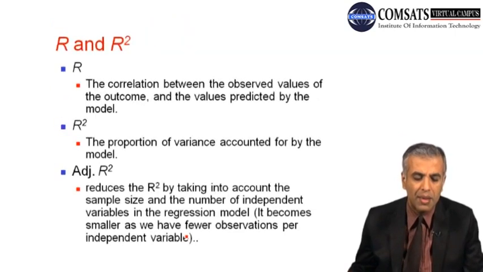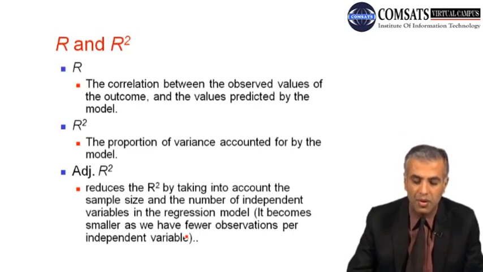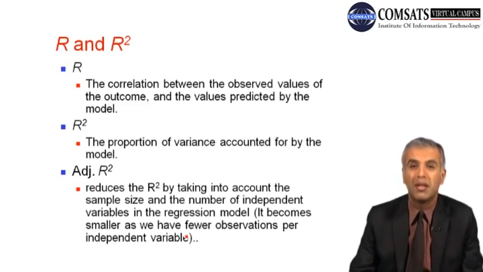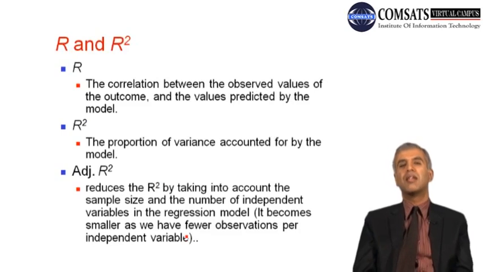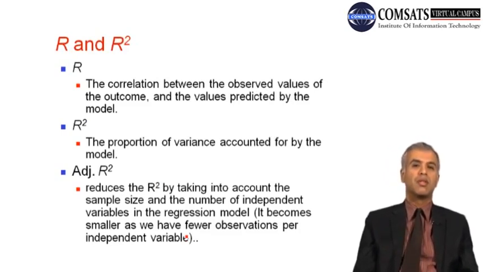While keeping in view the problems there, we discussed the concepts of R and R square, and we came to know that the concepts are about the same in multiple regression as well. We know that R is the correlation, and R square gives us the proportion of variance accounted for by the model. Then the adjusted R square value becomes of major importance, specifically in multiple regression, because we are dealing with multiple variables, and there is an anomaly in the calculation of R square: if the number of variables increases, the R square also has a tendency to increase due to that increase in variables.